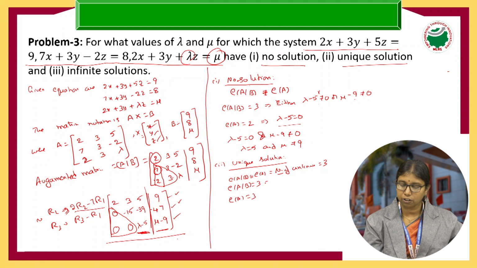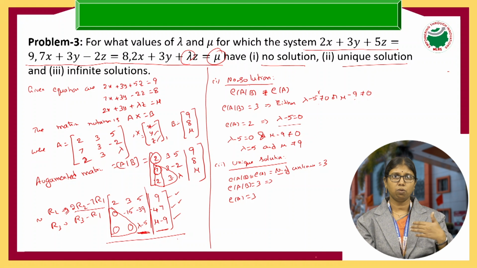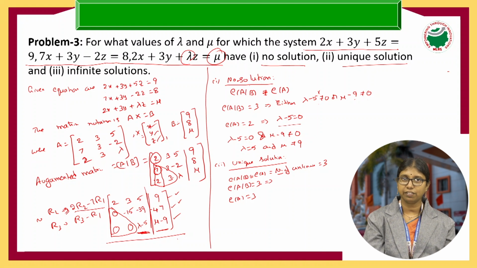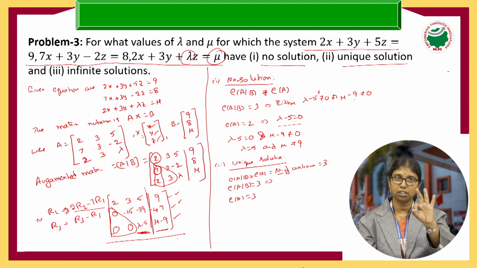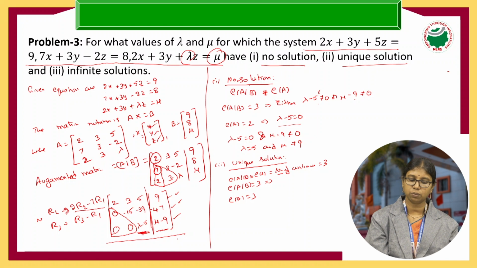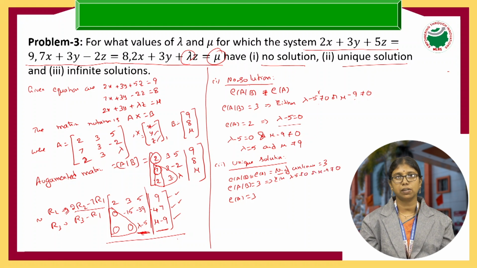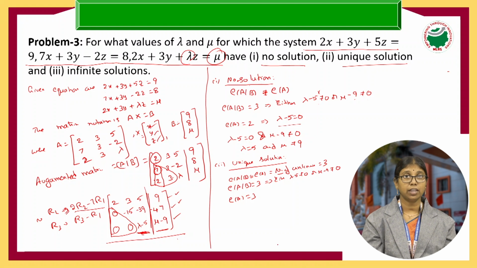That means here rank of A given B. Similarly, in the same way as in the previous case, rank of A given B equal to 3 means we need 3 non-zero rows. 3 non-zero rows are possible if any one of these two values is not equal to 0. That means either lambda minus 5 not equal to 0 or mu minus 9 not equal to 0. Now rank of A equal to 3.